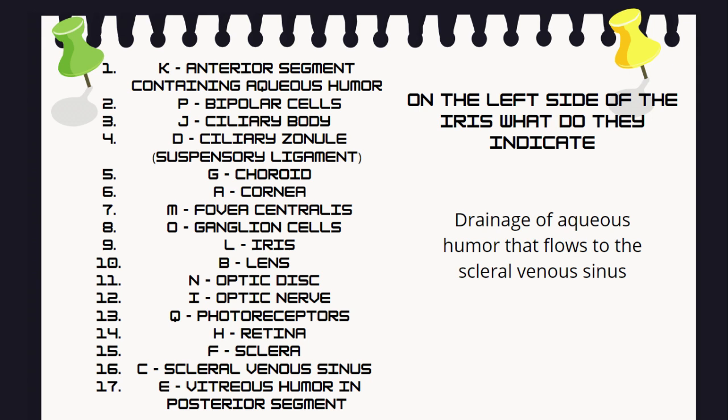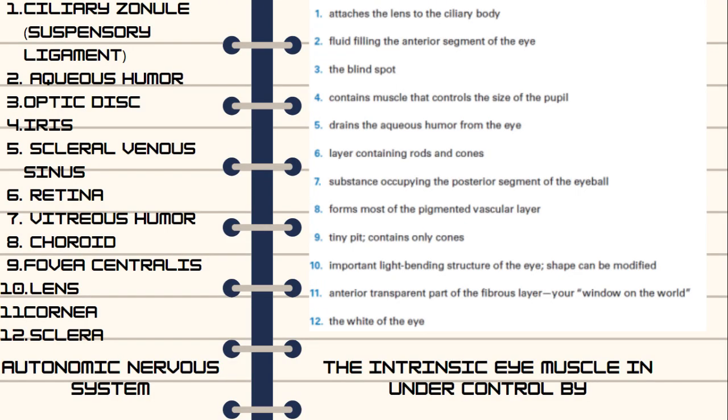Notice the arrows drawn close to the left side of the iris in the diagram. What do they indicate? Drainage of aqueous humor that flows to the scleral venous sinus. Next is number 7. Match the key response with the descriptive statement that follows.